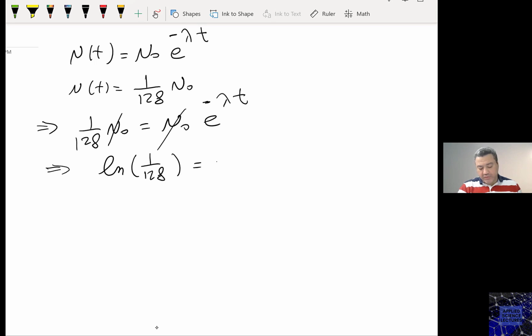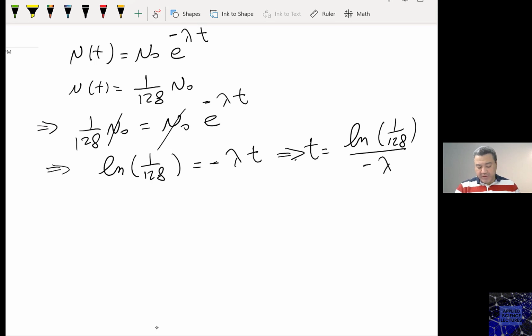128 equal to minus lambda t, then t equals 128 divided by minus lambda.